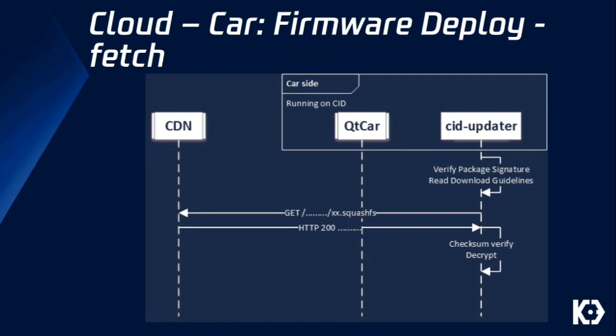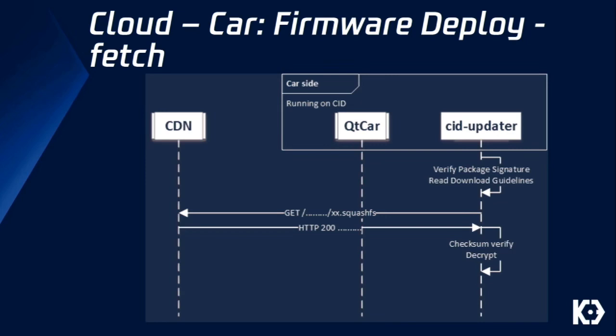After CID updater have got the handshake information, it will verify there is a field called package signature in the handshake result, and the CID updater will check if this signature is correct. And if so, CID will read what we call download guidelines. It's actually something that contains a URL from a CDN and a key and a checksum for the new bundle.